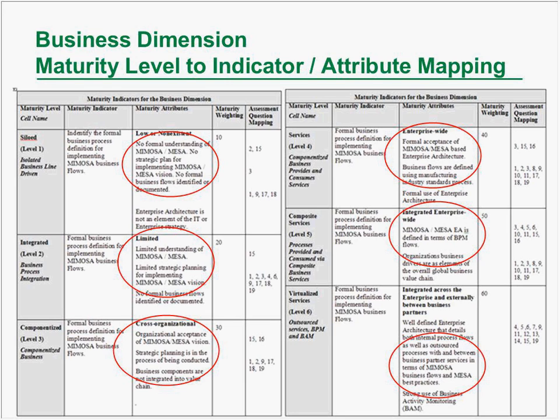So we're actually seeing adoption of this particular implementation of MESA in context of our EA, and we're seeing the adoption across business through the transformation of the value chain.